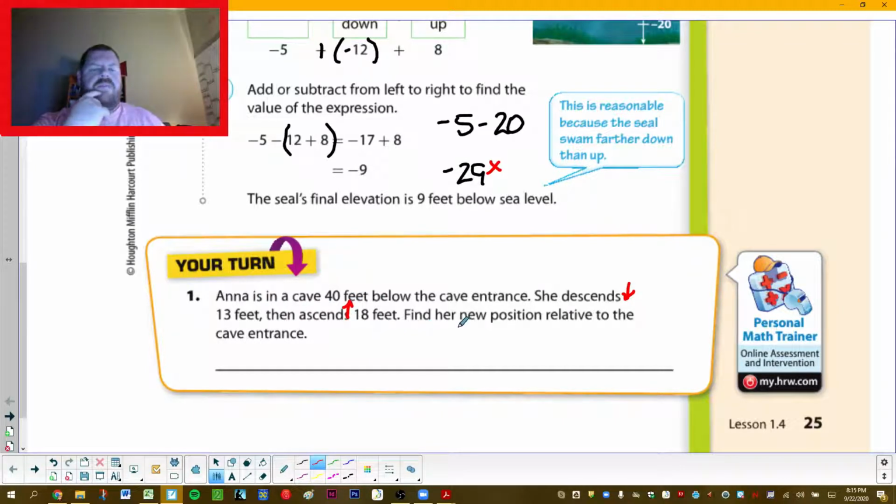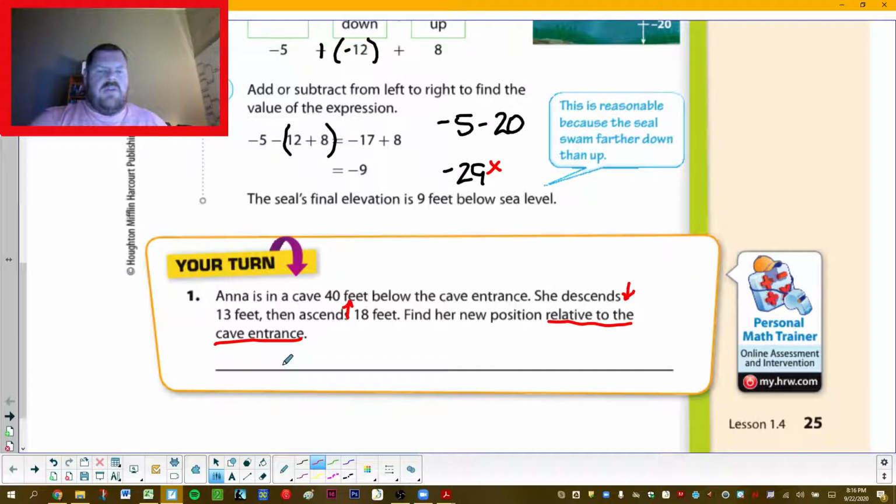Find her new position relative to the entrance of the cave. It's this statement, relative to the cave entrance, that tells us the cave entrance is at 0. So we want to write the expression that solves that, then we want to solve it.